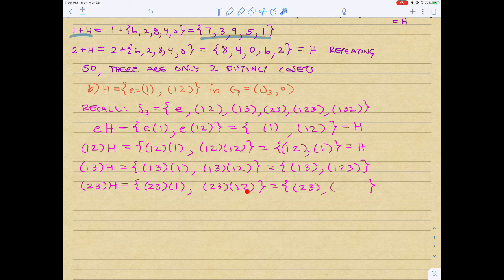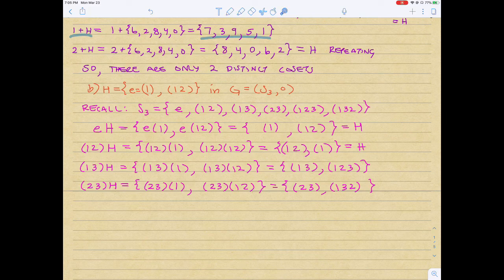Well, 1 goes to 2 and 2 goes to 3. So 1 goes to 3. And then, I'm sorry, we're looking at 3 now. 3 goes to itself and then 3 goes to 2. Okay, and then just to close that up to make sure we're good, 2 goes to 1 and 1 goes back to itself. So the cycle is closed. Okay, so that's (2 3).